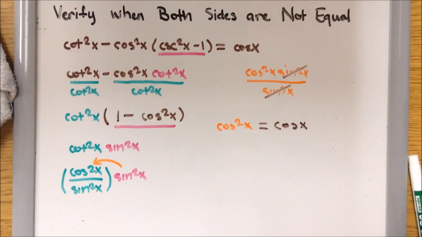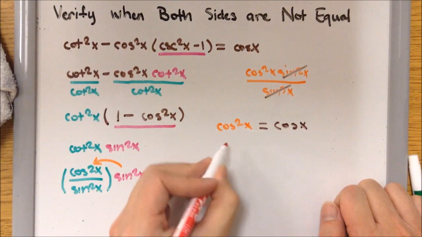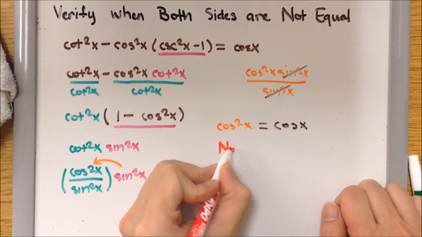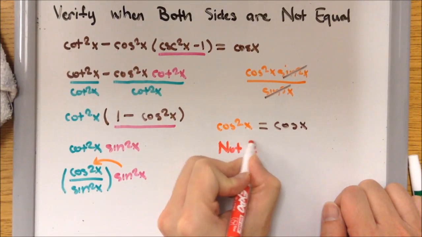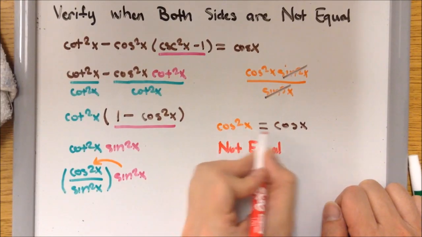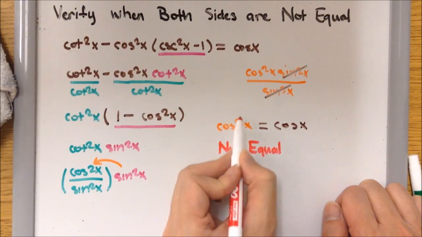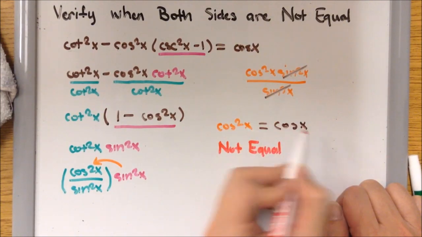And after I double check my work, see if everything was correct, and I did it carefully, the only thing left is that these sides are not equal. Even though they both have the same function, cosine, on both sides, on the left side it's squared, on the right side it's not.